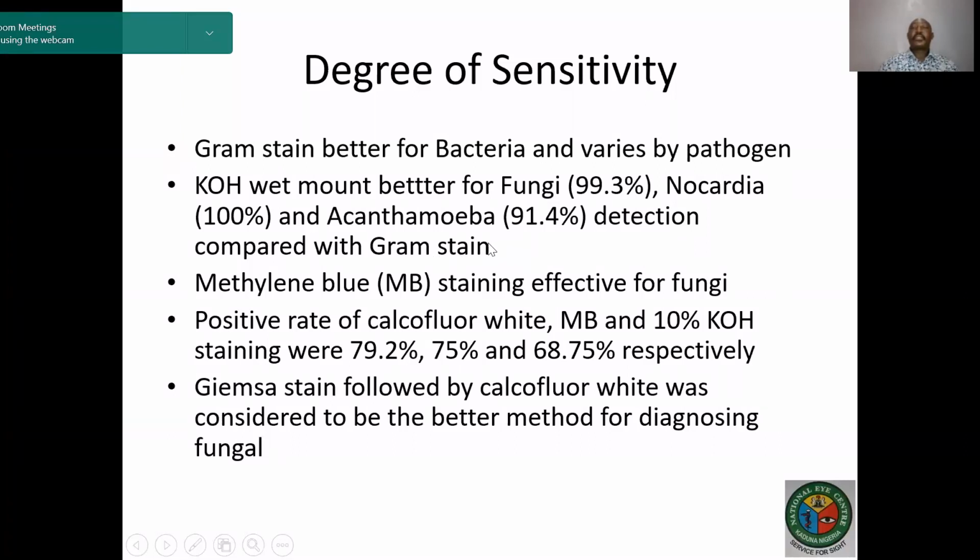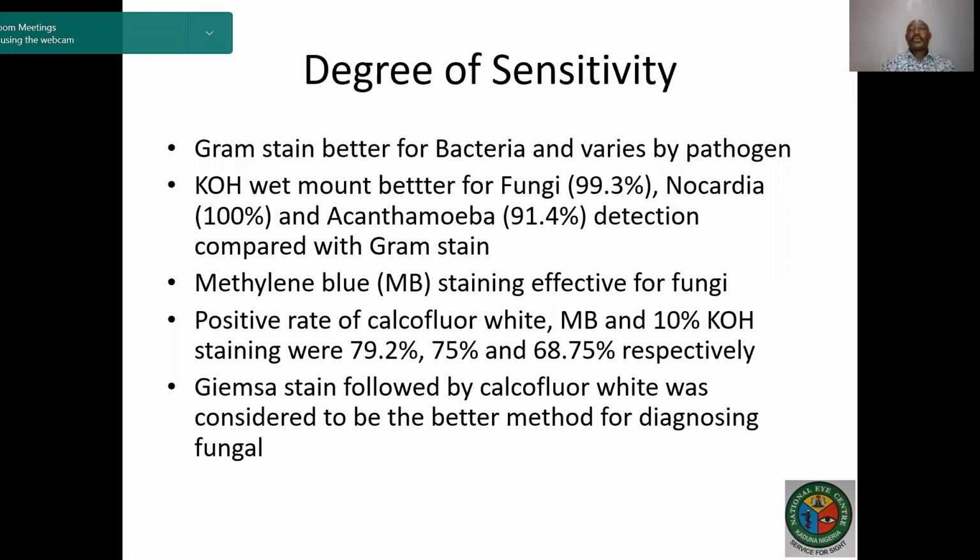In another study that was done in Egypt, methylene blue was found to be very effective in the diagnosis of fungi. So that is also an alternative where KOH is not readily available as a test tool.